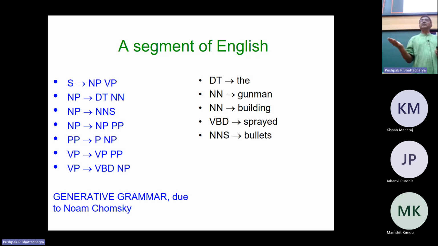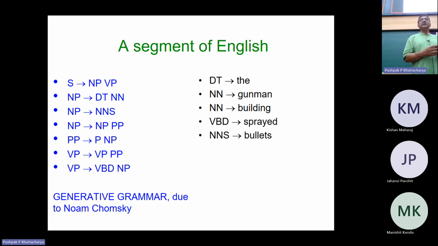And again, another PP will be resolved. In the bus also will be accommodated. Right? A man with a binocular in the bus, and you can have any number of preposition phrases after this. So this grammar is powerful to accommodate those kind of constructs.